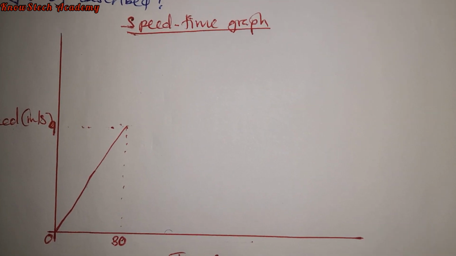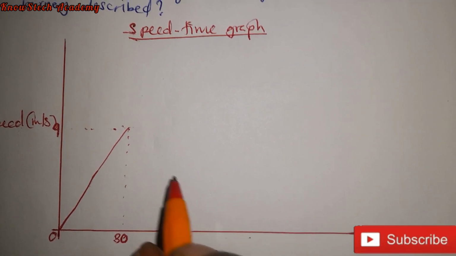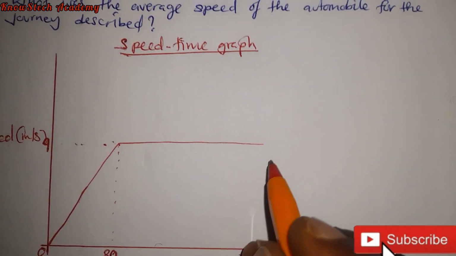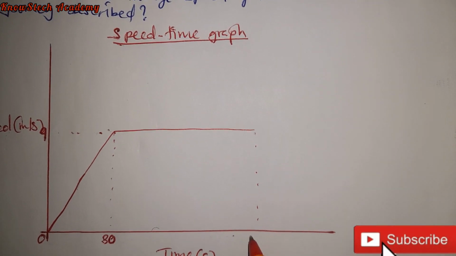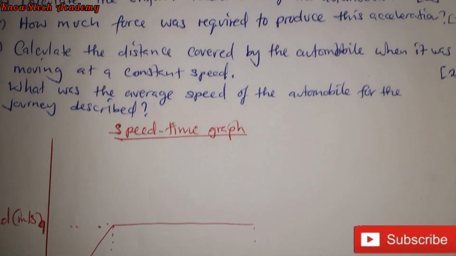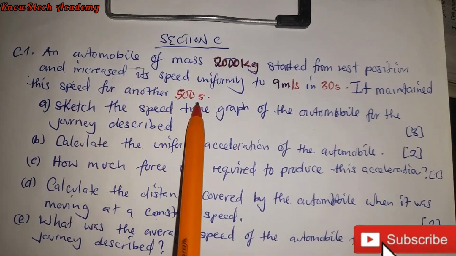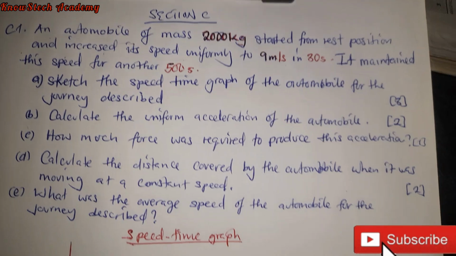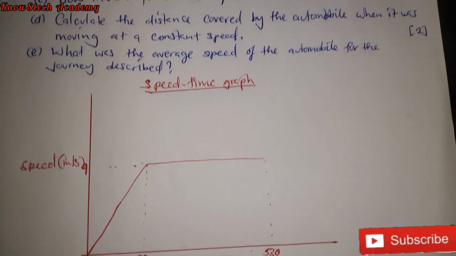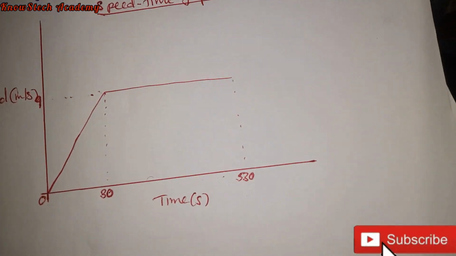We add 500 plus 30 seconds, which is 530 here, because we are told that it maintained this speed for another 500 seconds.